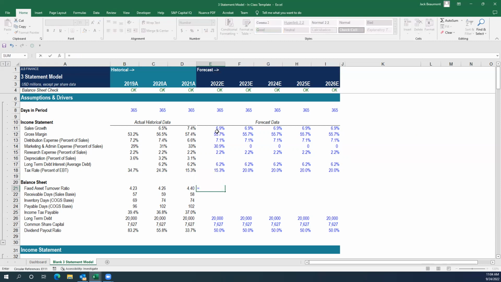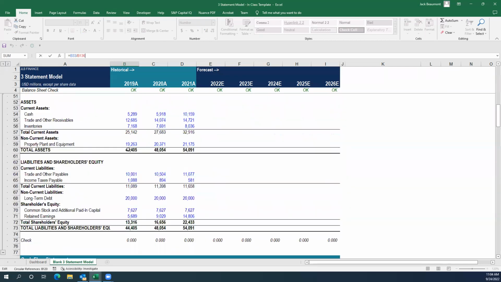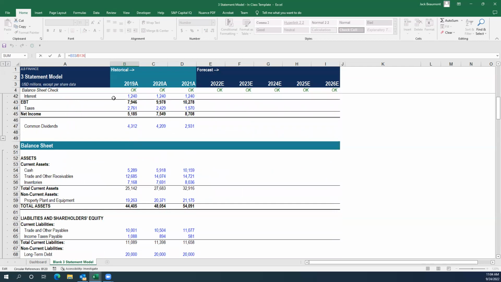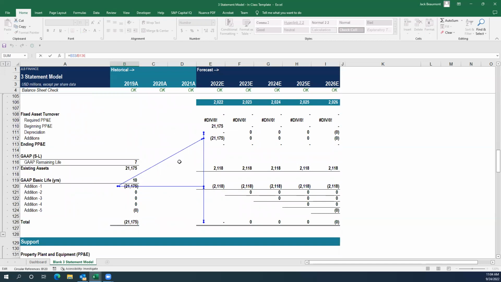Okay, so fixed asset turnover. All of these formulas, you don't really need to remember off the top of your head because you can easily look them up online. But this is the revenue divided by the fixed assets. Fixed assets include property, plant, and equipment. And so that's actually referencing, okay, actually this is something I want to go over.